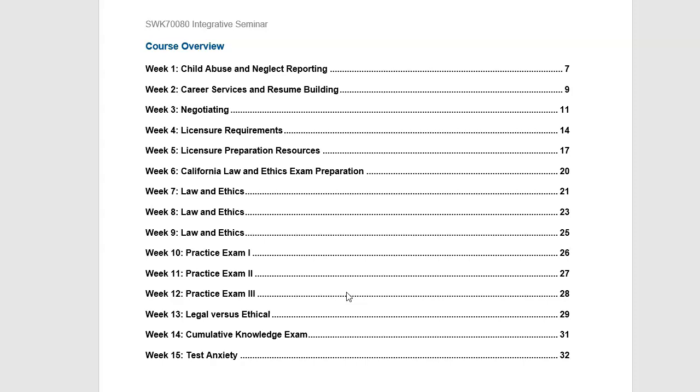I want you guys to spend as much time as you can preparing for the law and ethics exam. Once you get into these modules, you're going to see there's a lot of content. You can probably spend 6, 7, 10, 12 hours really just on one module from this licensure exam. And then we're going to focus on doing some practice exams.